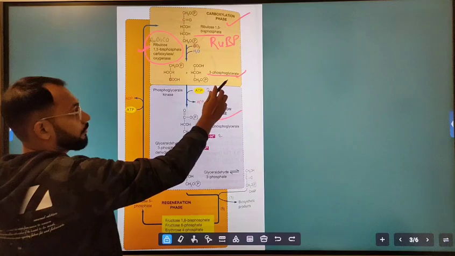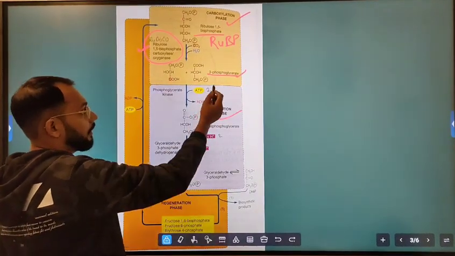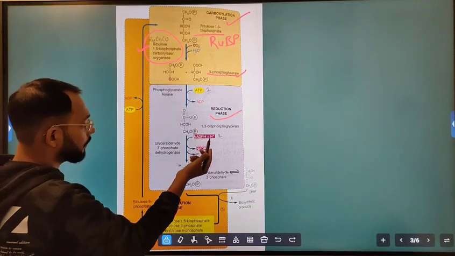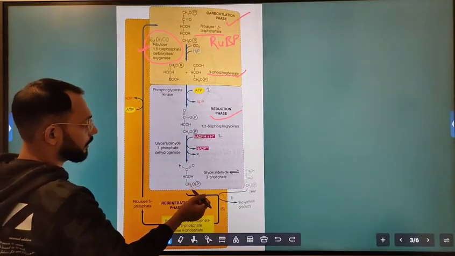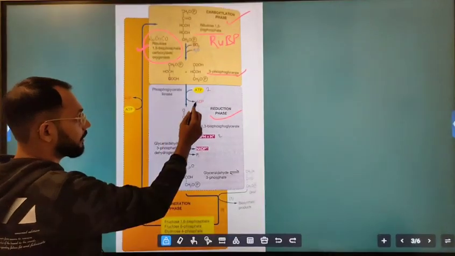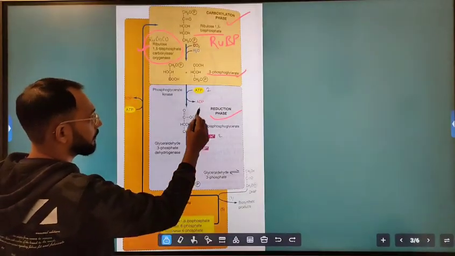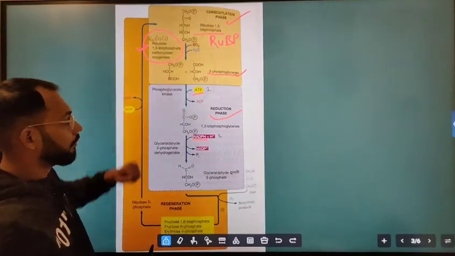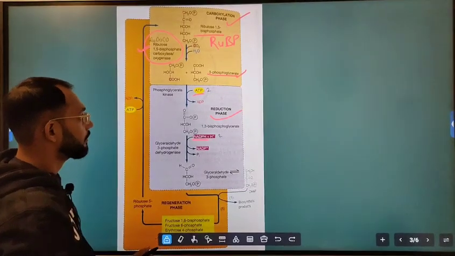Here 2 molecules of 3-phosphoglycerate are reduced to glyceraldehyde 3-phosphate, and 2 ATP and 2 NADPH are used, 1 ATP for each molecule of 3-phosphoglycerate.